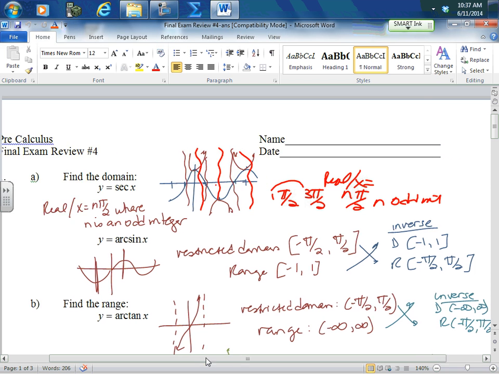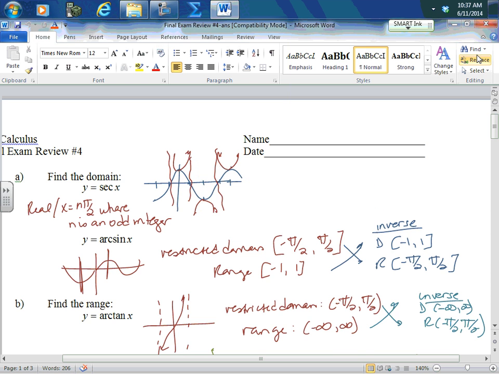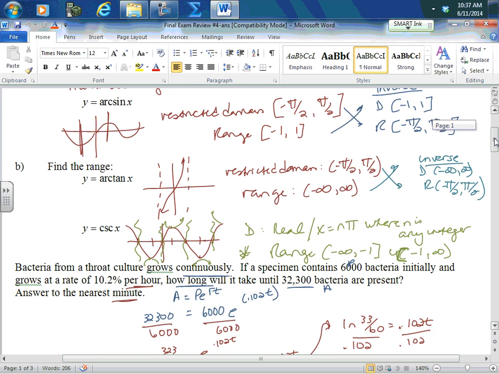Okay. This part down here, the one with the tangent, I didn't flip them over on you, but all I really want you to remember is where your domain restriction is. Where is our restriction when we did the inverses? The domain for the tangent was from -90 to +90, but you couldn't use 90.